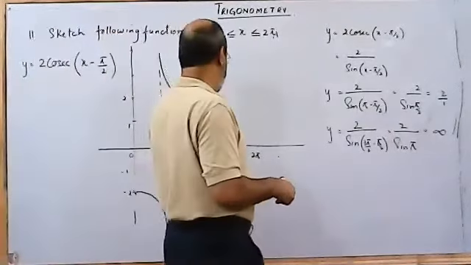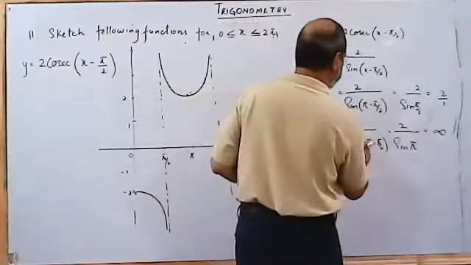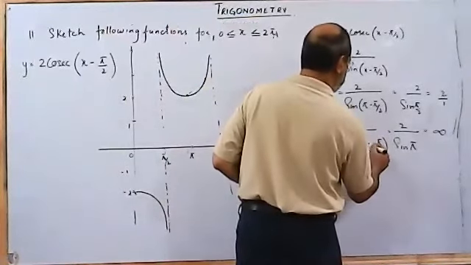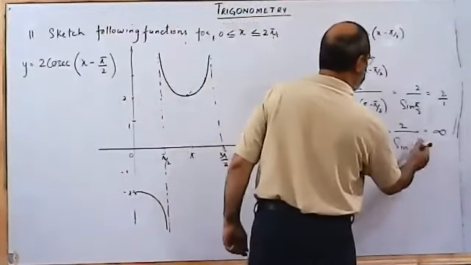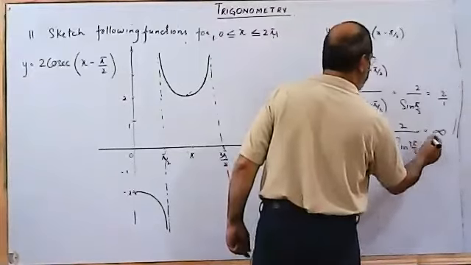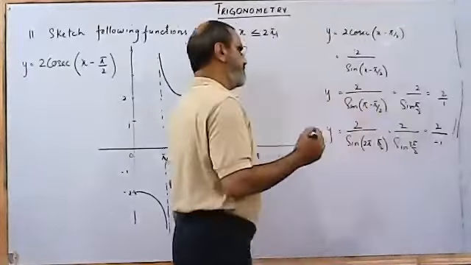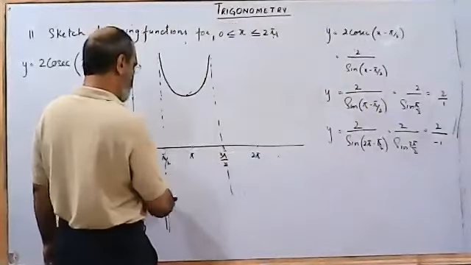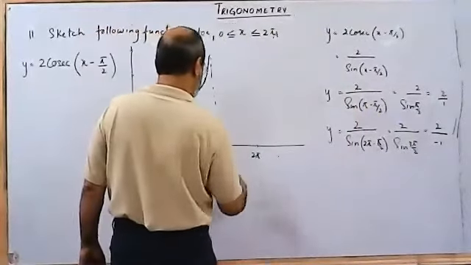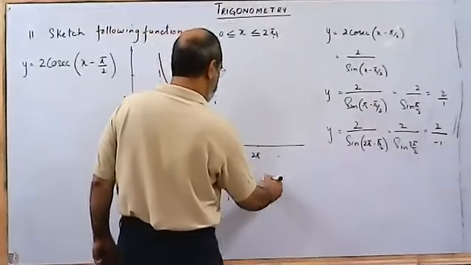Okay, in the fourth quadrant for 2 pi, it will be 3 pi by 2, that is negative 1. So 2 over negative 1. So the answer is minus 2. So here you lie over minus 2.